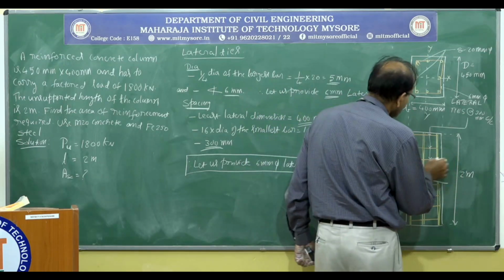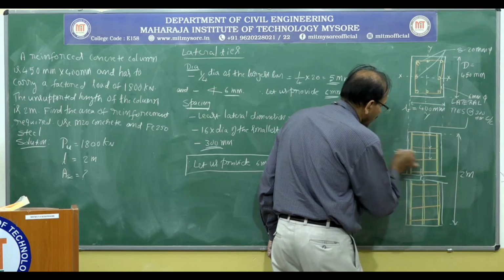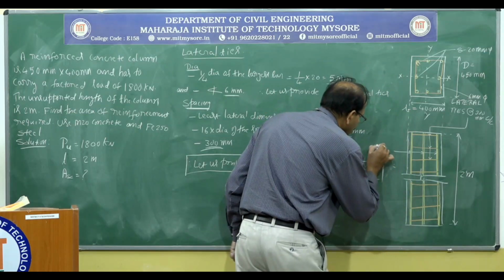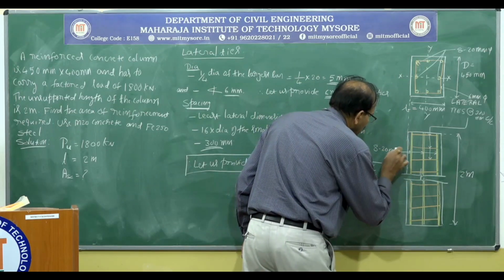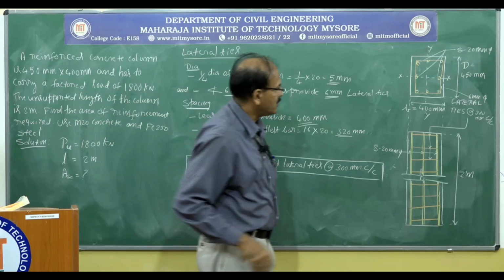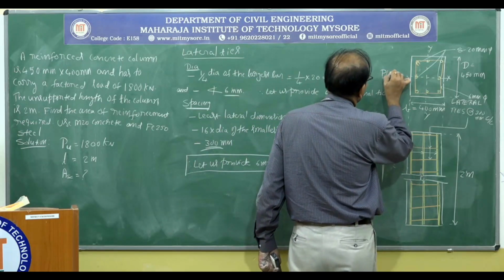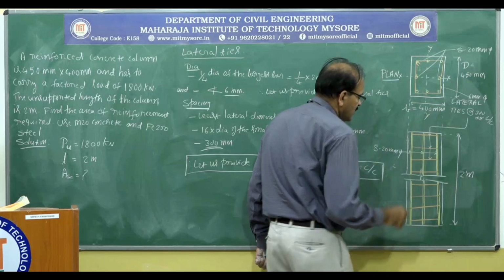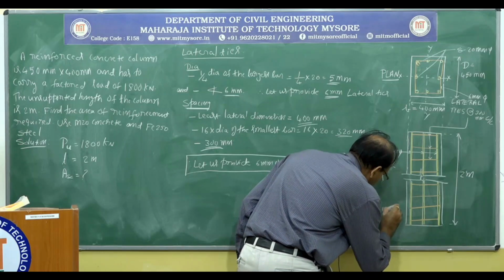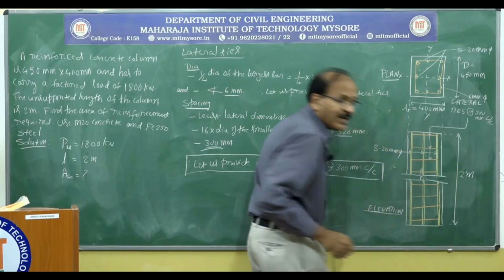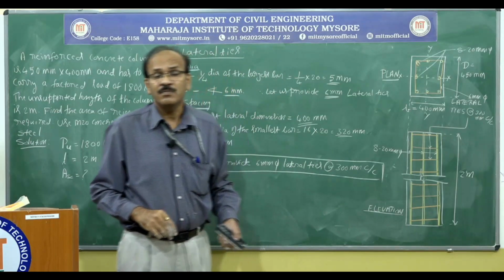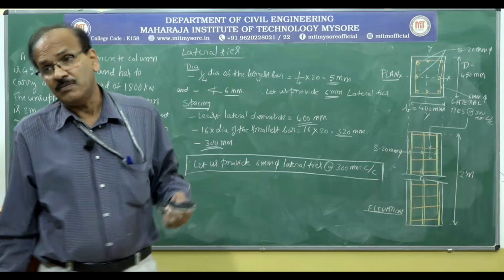Next, it is again 8 bars of 20 mm dia longitudinal bars. So this is the sectional plan, this is the sectional elevation. Any design should end with a drawing, that is reinforcement details drawing. Okay. This completes this problem.